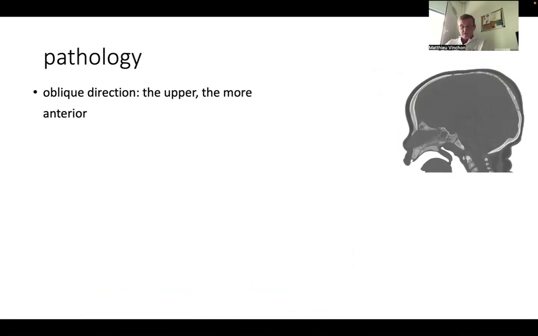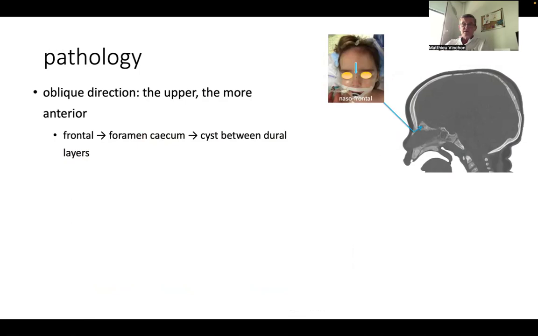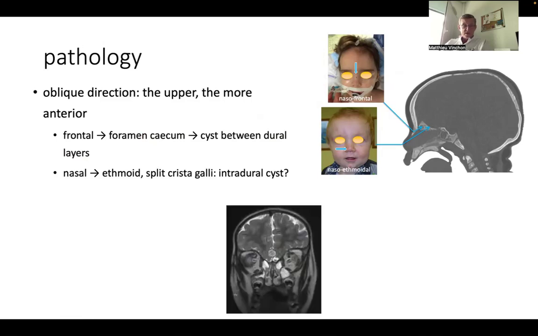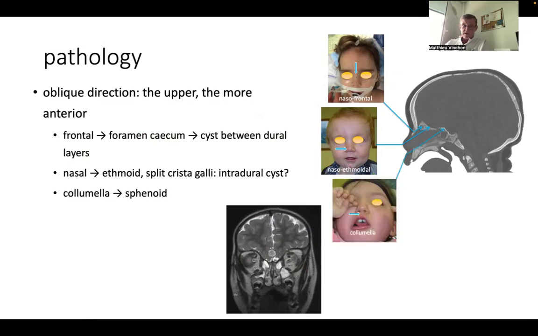Of course, all nuances exist between the frontonasal fistula, which is the upper one, the nasoethmoidal fistula, which is lower and goes more backward, so it can be associated with a dermal cyst, intradural dermal cyst on the crista galli.